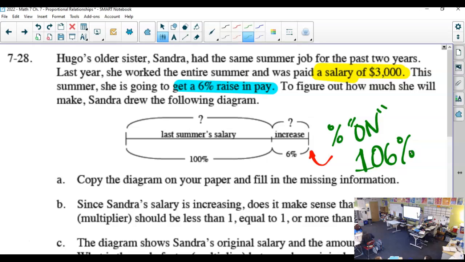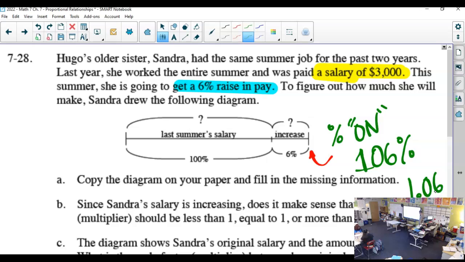You can do this in one calculation in your calculator. How do we... Hey, cool it. You're going too far now. 106%. What is that as a decimal? 1.06 in your calculator.